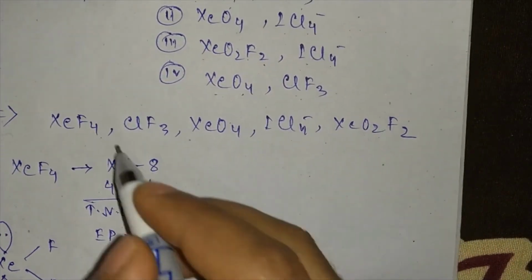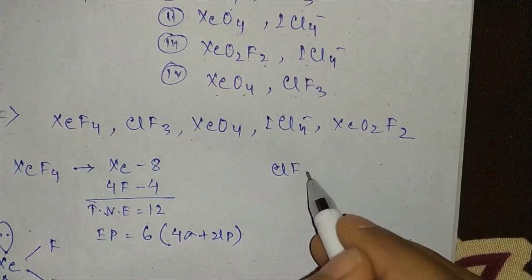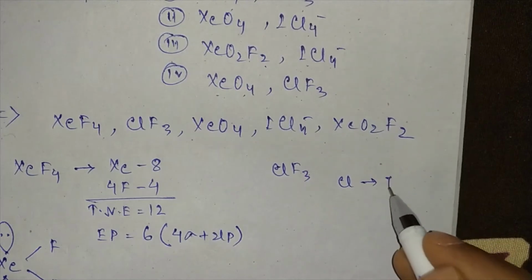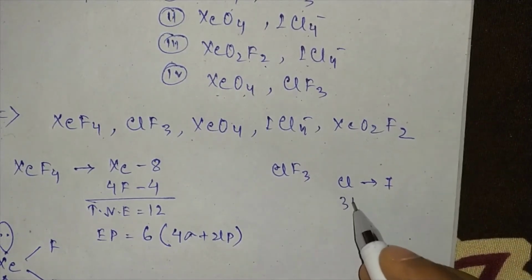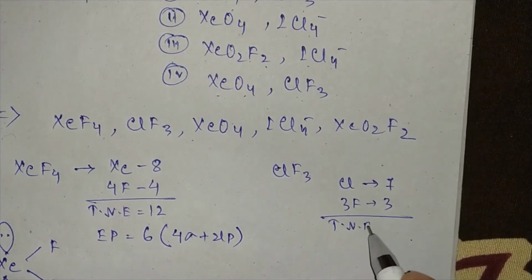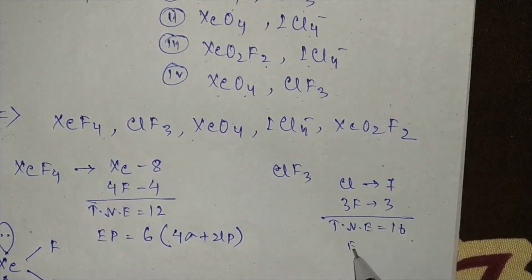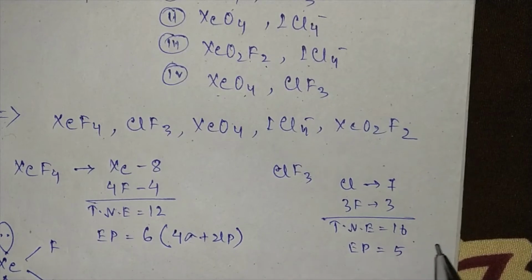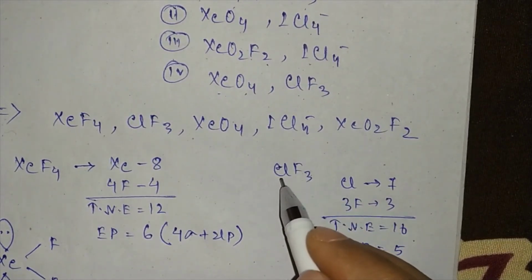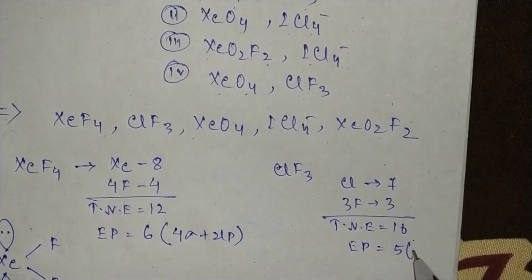Then we will come to ClF3. Chlorine has 7 valence electrons, 3 fluorines will give 3 electrons, total number of electrons equal to 10, electron pairs equal to 5. So here 3 fluorines will be attached to chlorine with 3 sigma bonds. So 3 sigma plus 2 lone pairs.